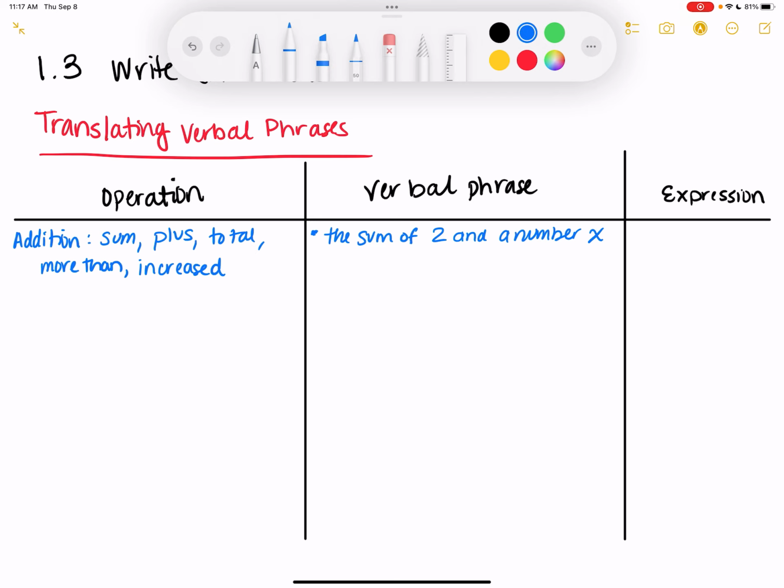And I'll go ahead and write the expression. So it says the sum of 2 and a number x. What that means is just add them together. So that would be something like 2 plus x. And then another example of that could be if it says a number n plus 7.